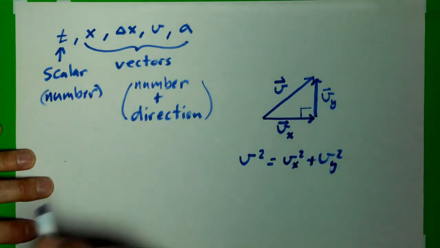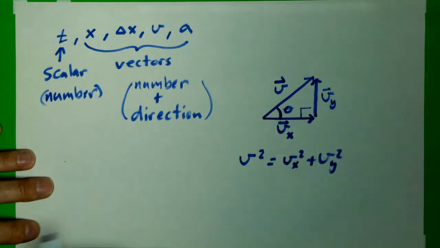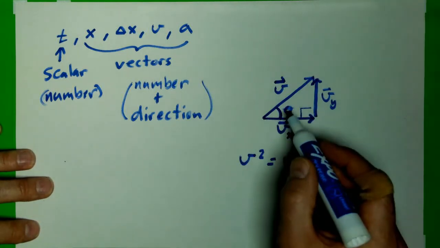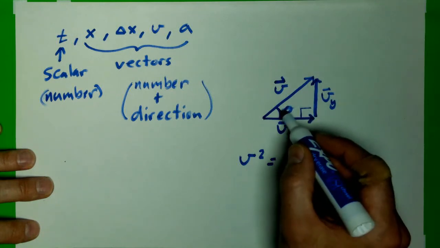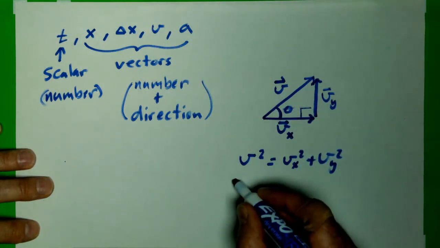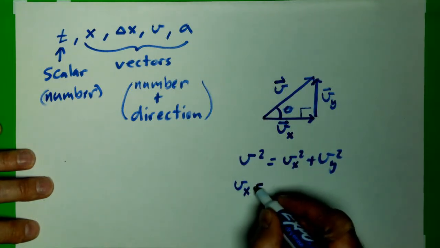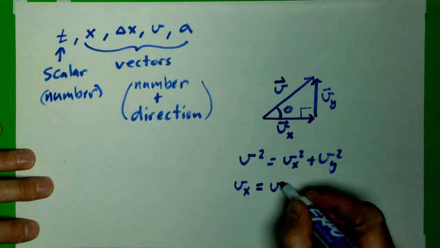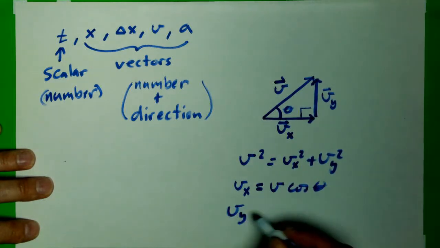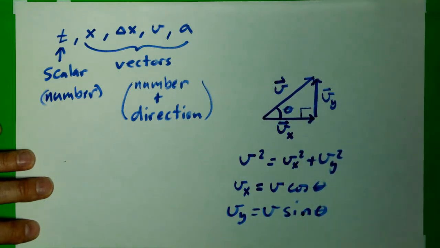Another way to compare them is if we know an angle, which we often do. If I describe that angle to be theta, then the cosine of theta is adjacent over hypotenuse, which allows me to say that Vx, in size only, so no vector signs here, is equal to V cosine theta, and then Vy, being the opposite, would be V sine theta.